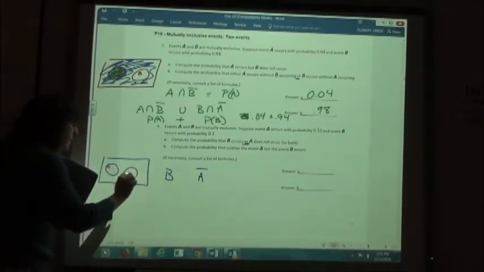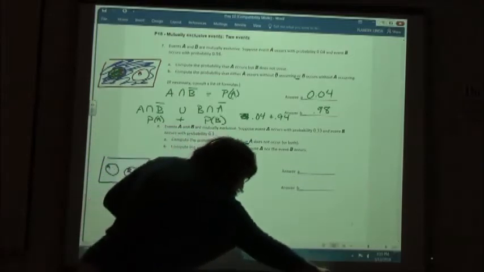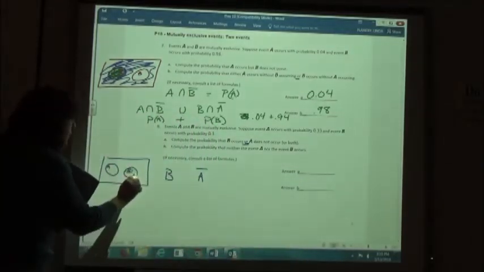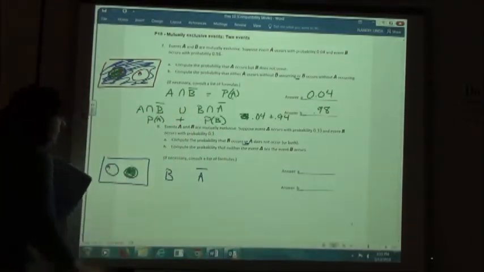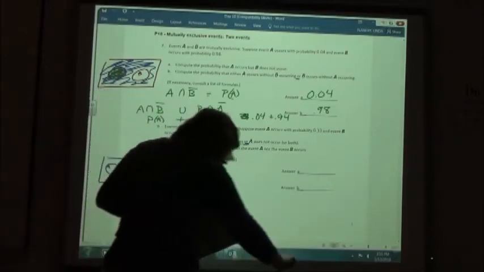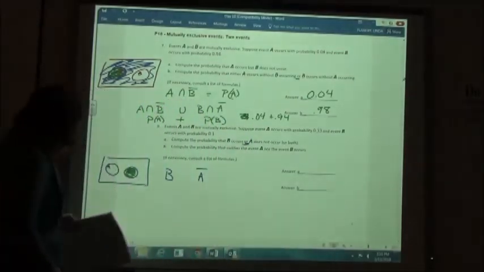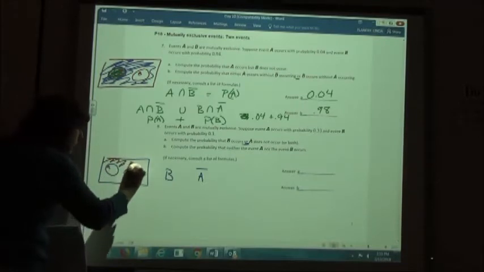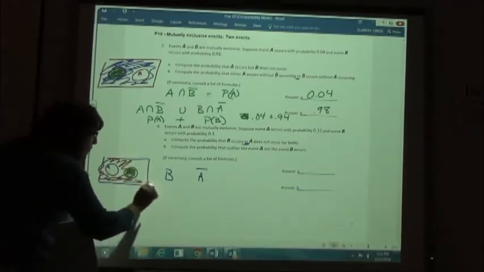Make my circles. So probability of B occurring would just be B. The probability that A does not occur or both would be all of this stuff over here.